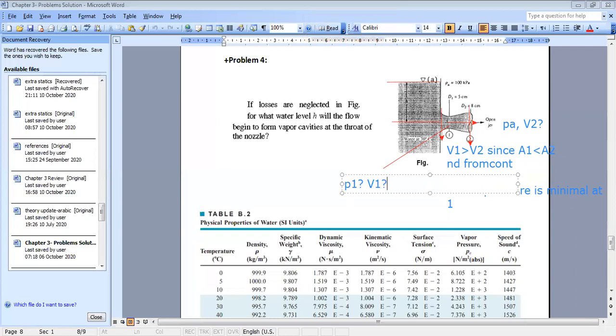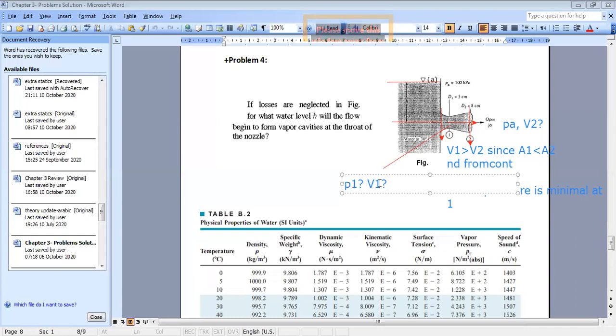So I have 3 unknowns: P1, V1, and V2. From the continuity equation, I can relate V1 and V2, but I still have P1 and V1 as unknowns, so one equation is not enough.